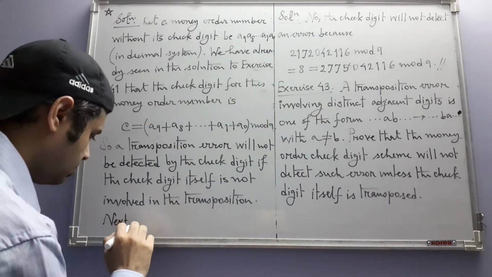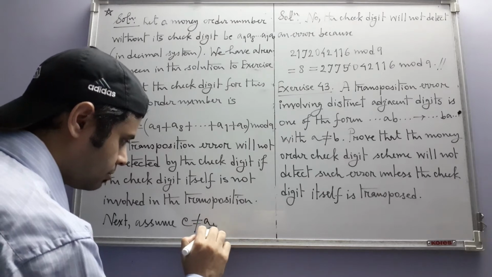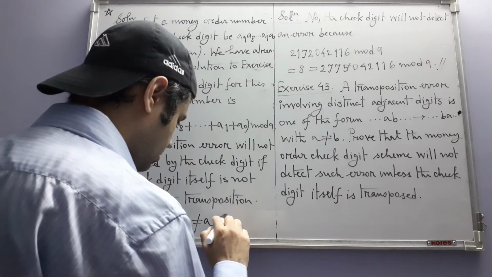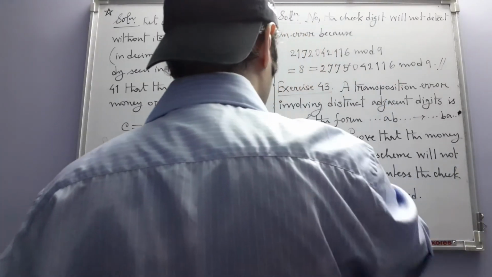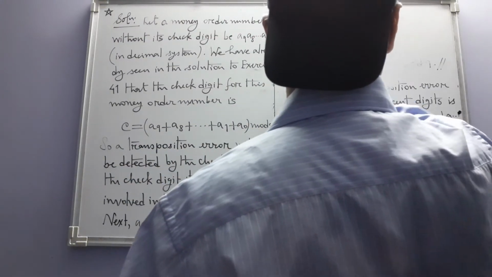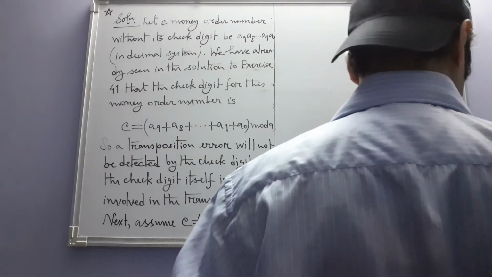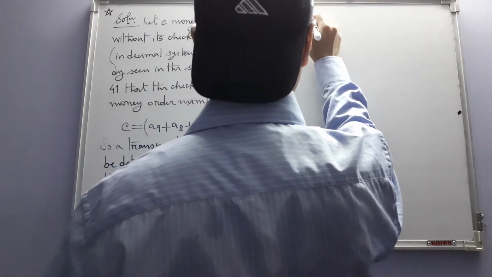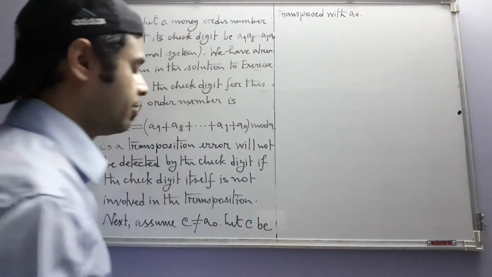Next, assume C not be equal to A0, and we will transpose A0 and C. Let C be transposed with A0.